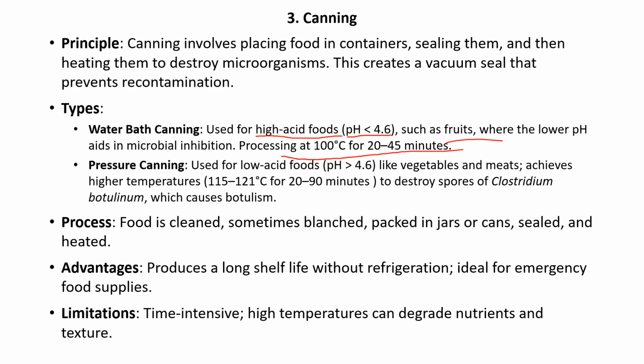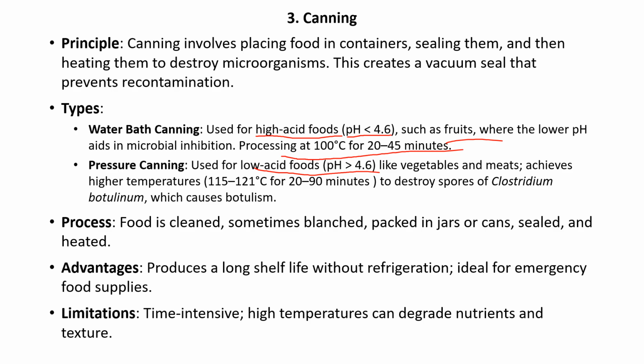Next is pressure canning. Pressure canning is used for low acid foods, that is above 4.6 pH, like vegetables and meat, and achieves higher temperatures, 115 to 120 degrees Celsius for 20 to 90 minutes, to destroy spores of Clostridium botulinum, which causes botulism.